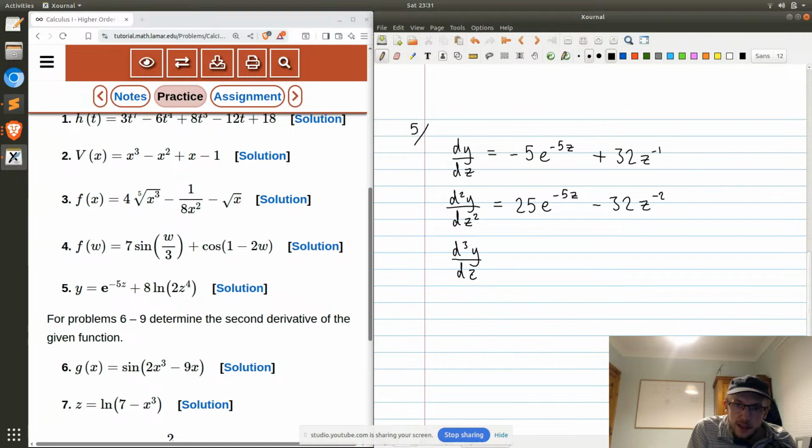d3y by dz cubed. Minus 125 e to the minus 5z plus 64 z to the minus 3. d4y by dz to the 4. 625 e to the minus 5z minus 192 z to the minus 4.